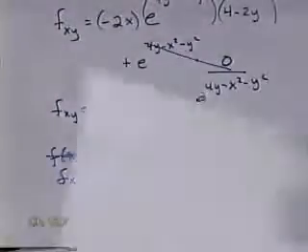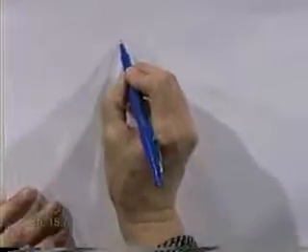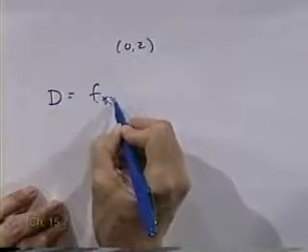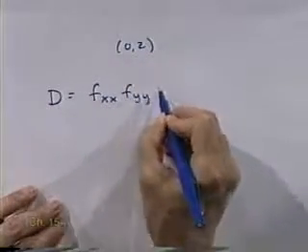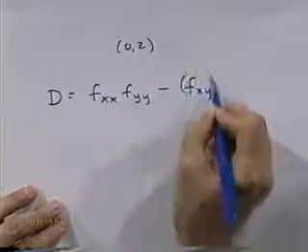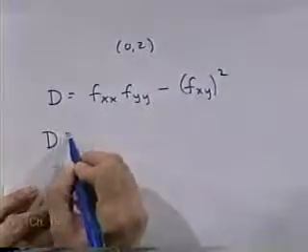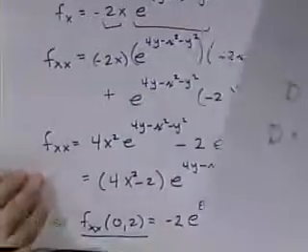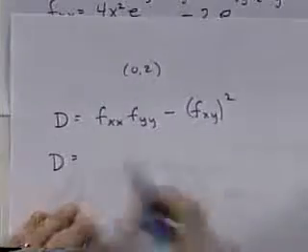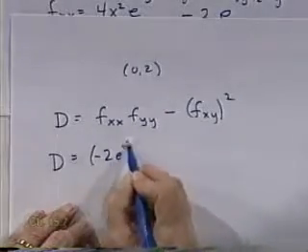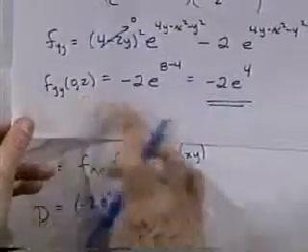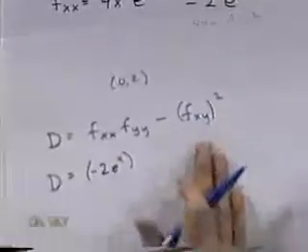So, for the point 0, 2, our discriminant, which is fxx times fyy minus fxy squared, is equal to, we got fxx evaluated at 0, 2 to be negative 2 e to the 4th. We got fyy evaluated at 0, 2 to be negative 2 e to the 4th.